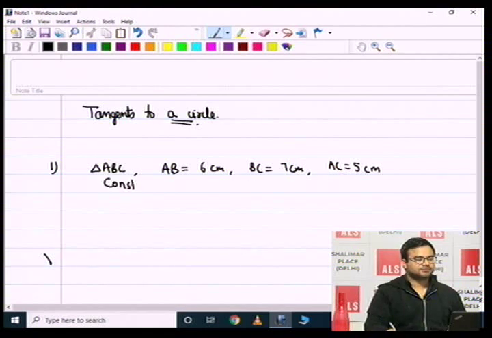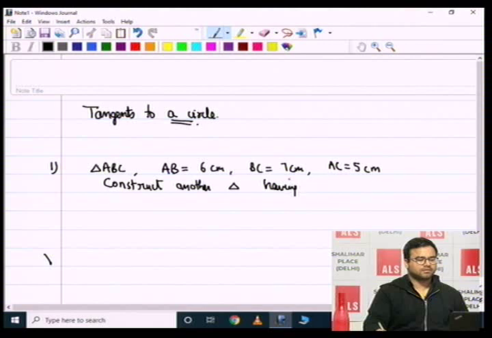Construct another triangle having a scale factor of 3/2, which is similar to the previous one.